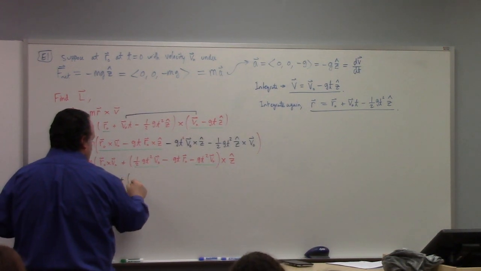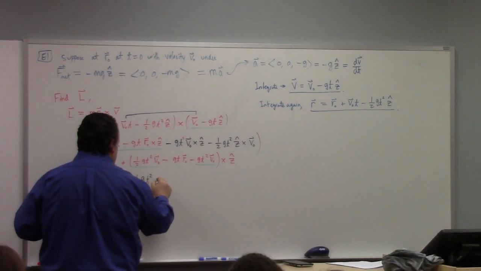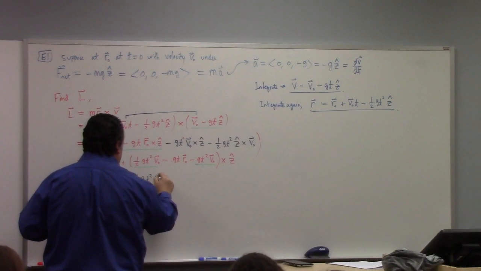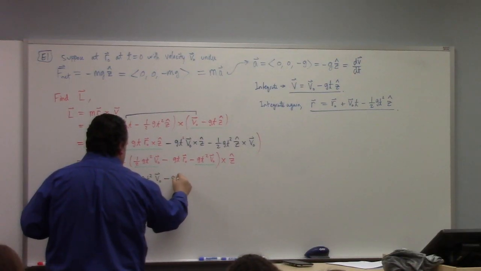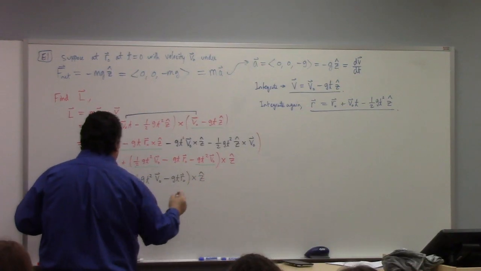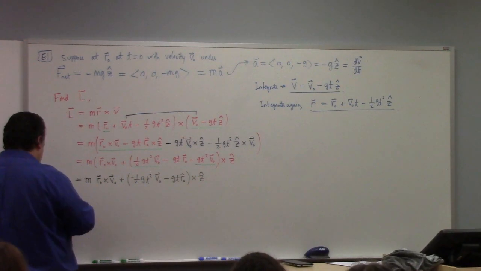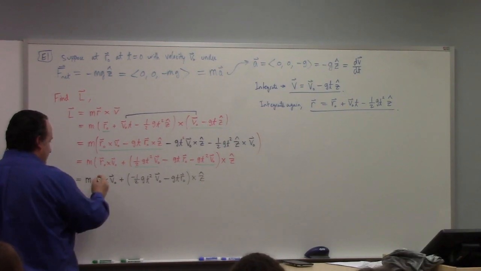Plus, apparently minus 1/2 g t squared v naught minus g t r naught, all across z hat. All right. Put some big parentheses around this whole thing.